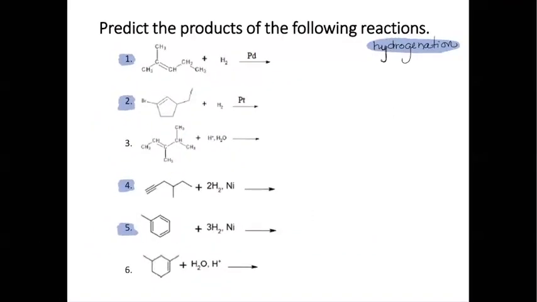What is the symbol for the atom that we're adding when we're doing hydrogenations? So what atom in the periodic table are we adding to our compounds if we're doing hydrogenations?